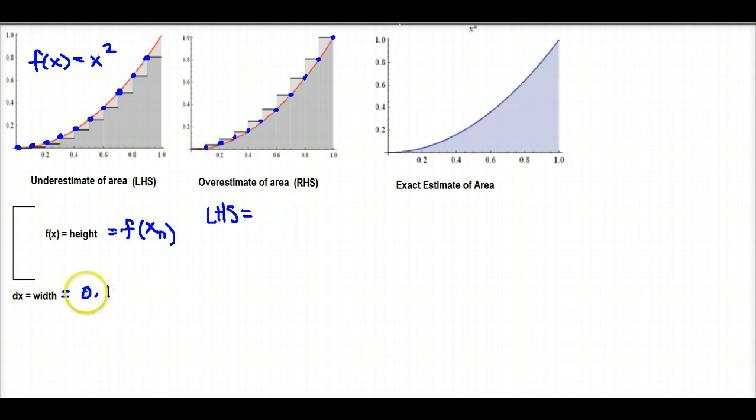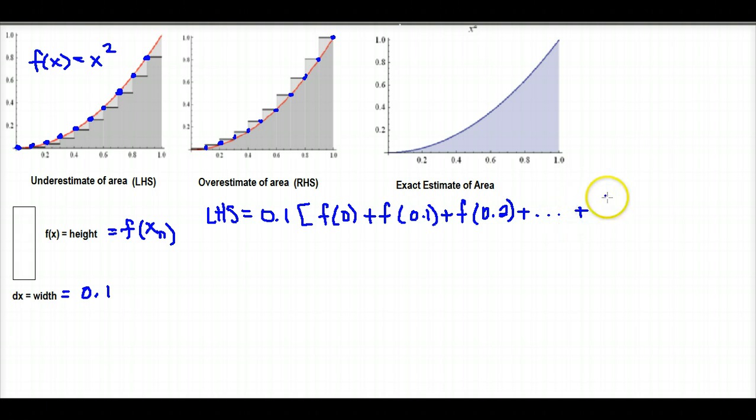Every time I'm going to multiply the corresponding height by 0.1, so I'm just going to do 0.1 times f of 0, f of 0.1, f of 0.2, and so on, until we finally get to f of 0.9.